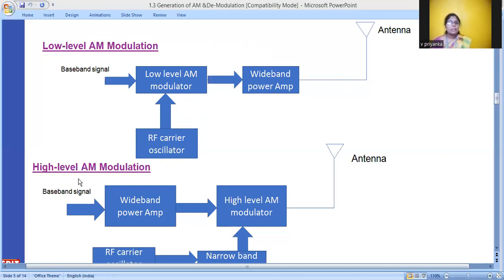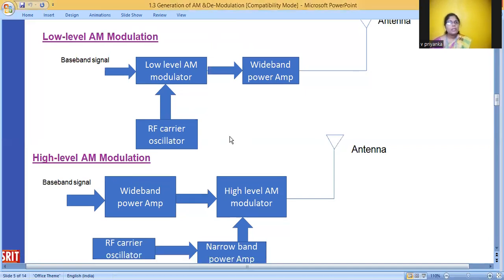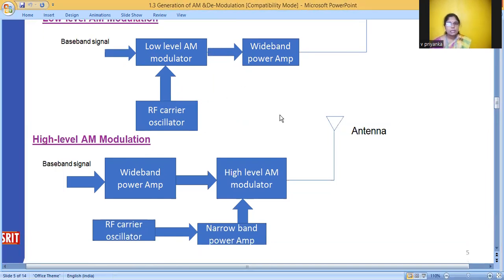For high level amplitude modulation, similarly, the output of the low level amplitude modulator is given to the wideband power amplifier, and the output of the wideband power amplifier is given to the high level amplitude modulator, with the RF carrier oscillator and narrowband power amplifier.